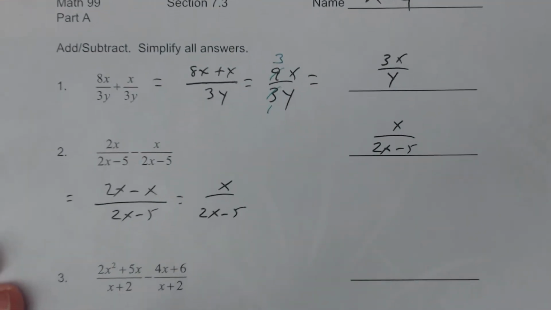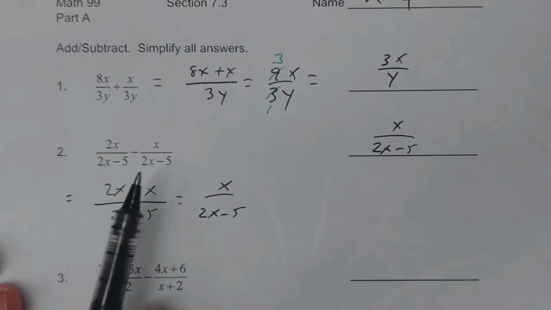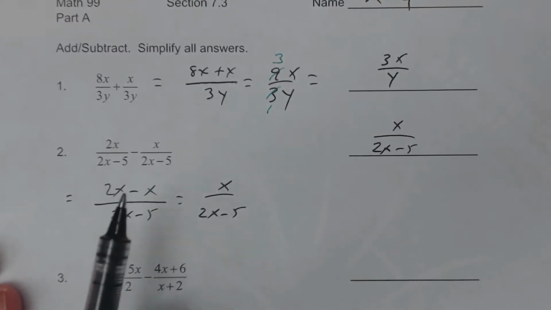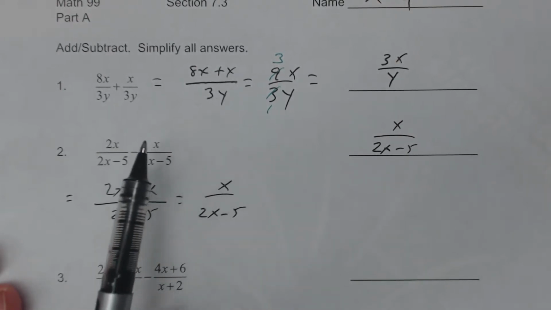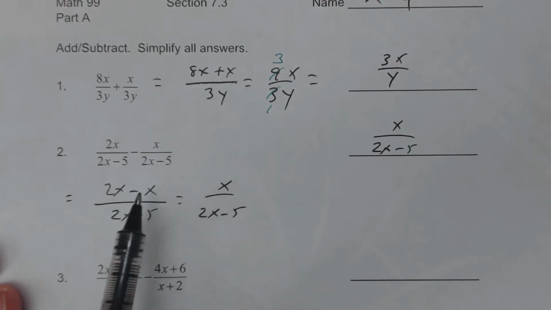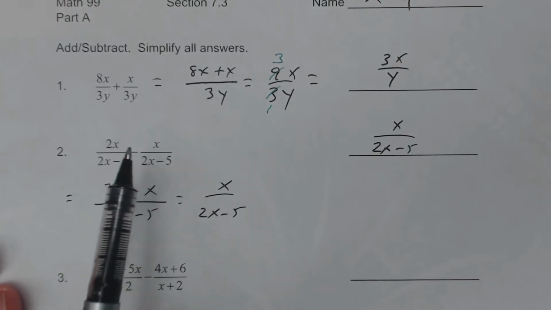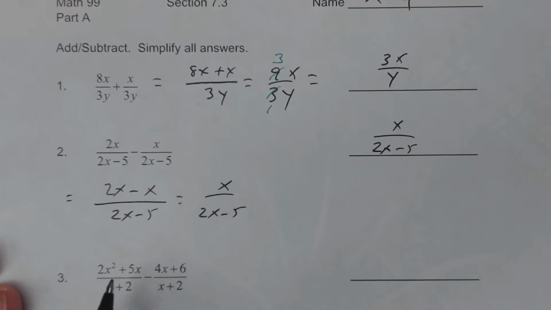Alright, now here, they're both subtraction, but the difference between number 3 and number 2 is that here you were subtracting a monomial, which made it easy, because 2x subtract x is x. Here, though, you're not subtracting a monomial, so you've got to be careful. You're subtracting every term that's in the numerator.